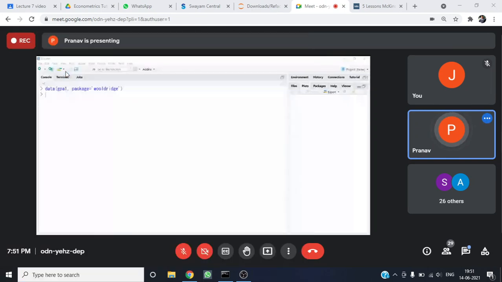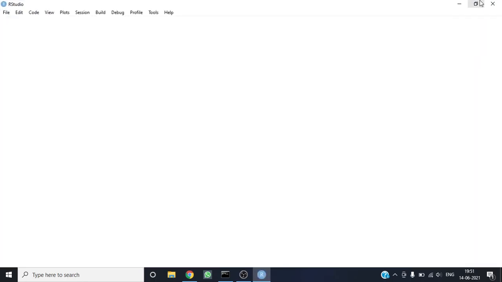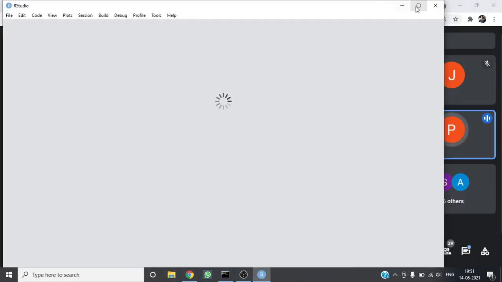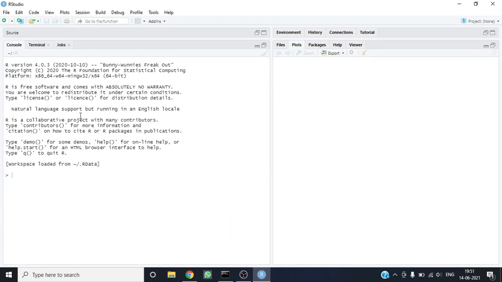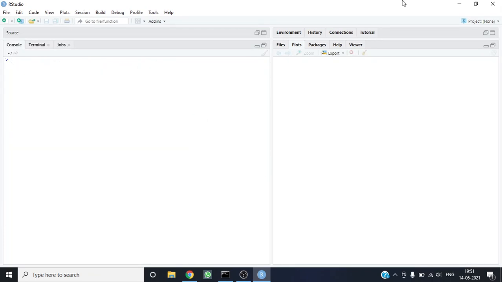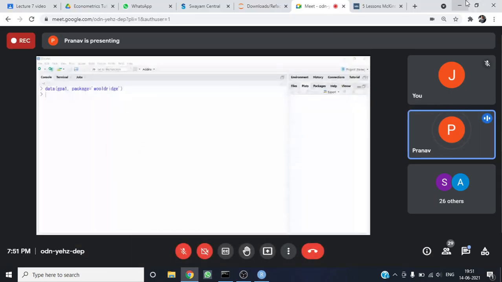So let me write the regression. I can directly get the coefficient. Run the regression model of college GPA on the achievement test score, and that is GPA1.